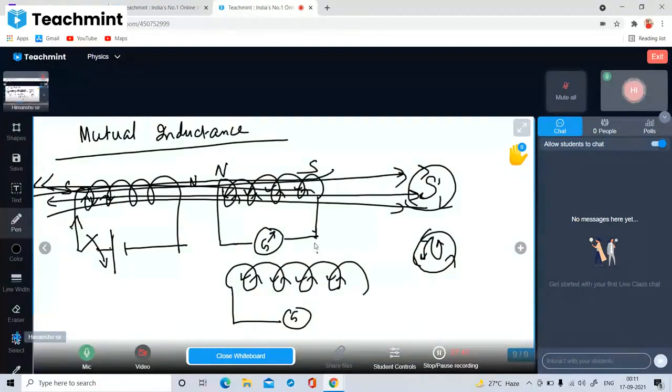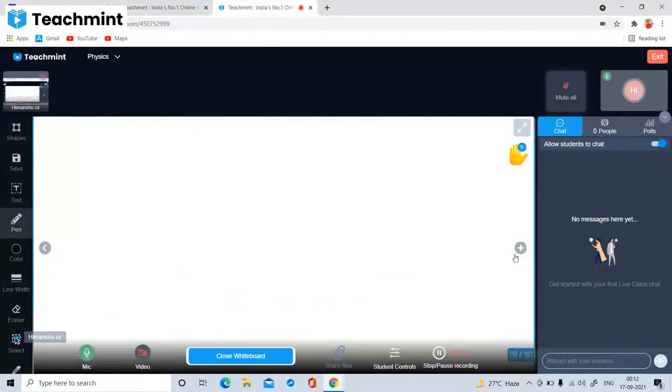Here there will be a mutual induction of current. So the current direction will be anti-clockwise. That means the current will flow in this way, this is the direction of current, and the battery will be assumed like this. That means it opposes the cause. This is the primary coil, this is the secondary coil, and all happenings are in front of you.